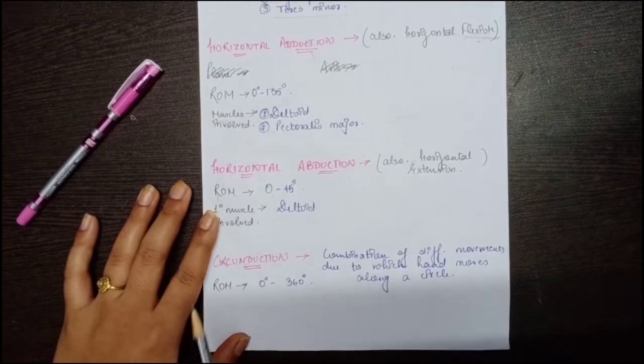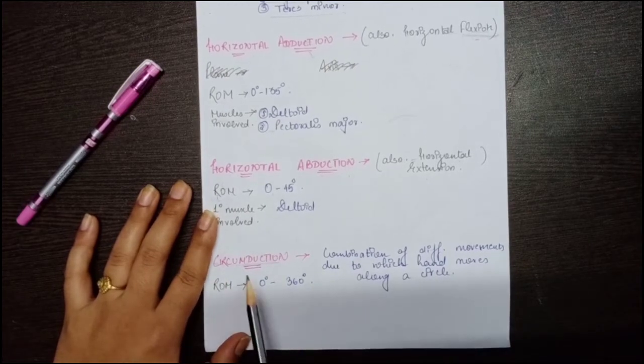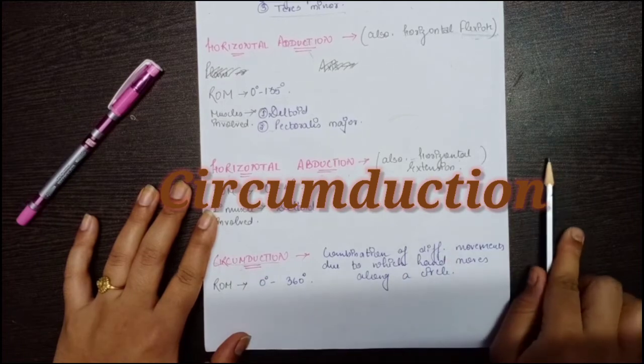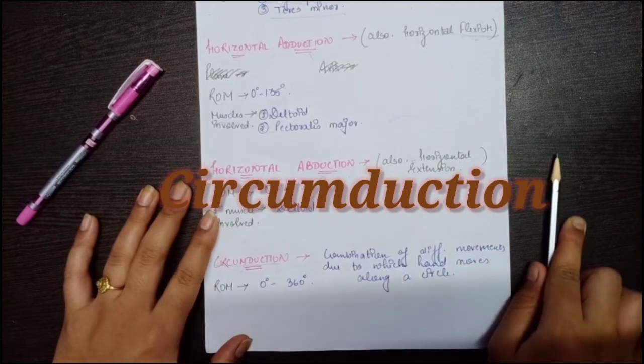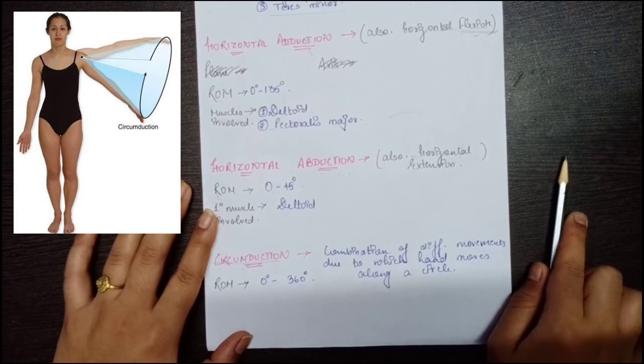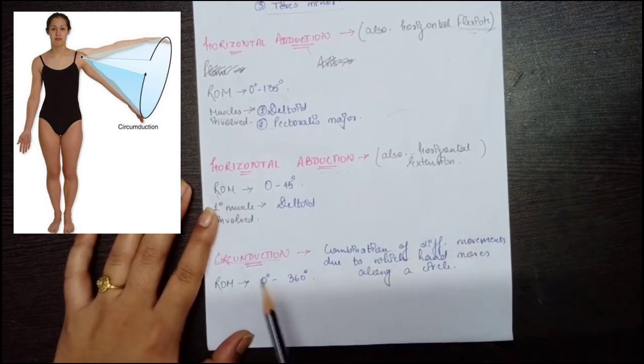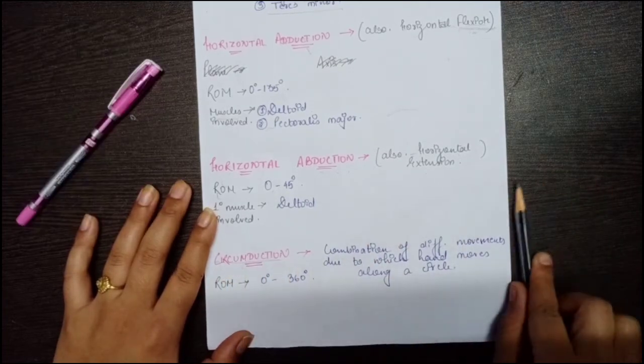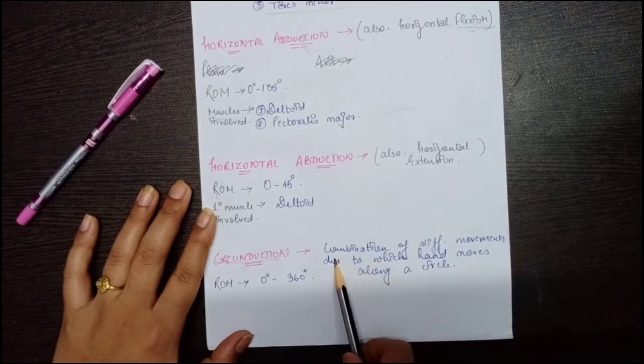Now we are going to talk about the last one, which is your circumduction. Circumduction is best seen in ball and socket joints like your shoulder joint, your hip joint, but can also be seen in wrist joint and other finger joints, etc. But now talking about circumduction in shoulder, it is a combination of different movements. What are those different movements?